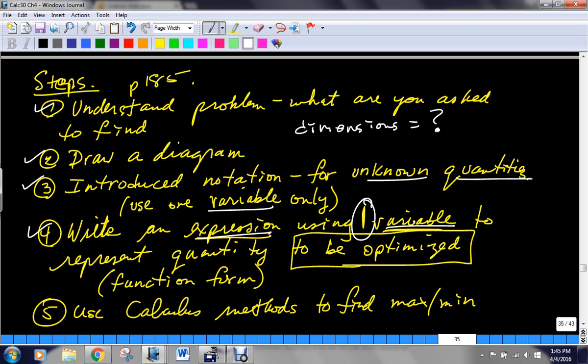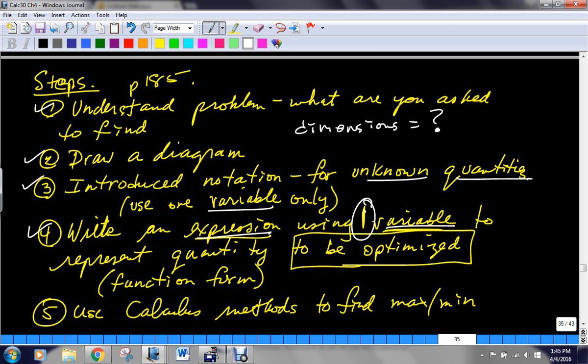Now the reason is that we're going to be able to take the derivative of our function that we are trying to maximize. And it's important that it's a function, not absolutely necessary, but it's going to be a lot easier if you can write it in one variable. So at this point, we don't want to do any implicit differentiation. We don't have to. If you write it as a function, it's going to be way easier.